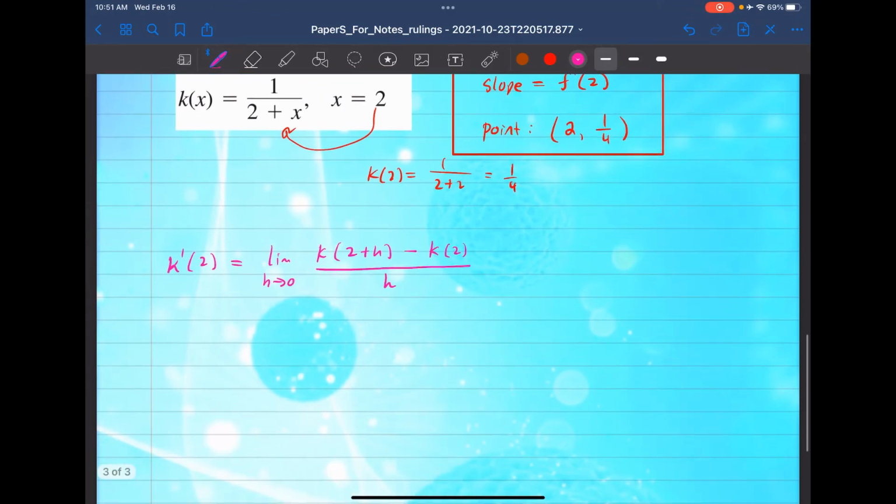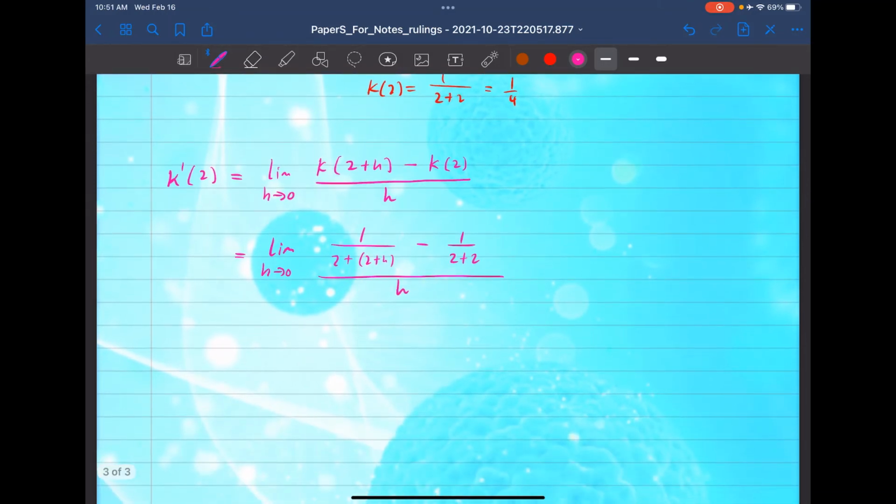For k of 2 plus h, we're going to plug 2 plus h into the function and replace it where x is. So we have the limit as h approaches 0. k of 2 plus h is simply 1 over 2 plus h plus 2, minus k of 2, that's going to be 1 over 2 plus 2. I simply replaced it right here where the x is in the function. And we're dividing all of this by h.